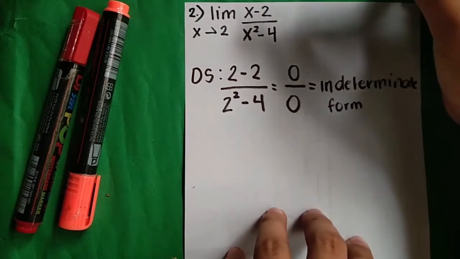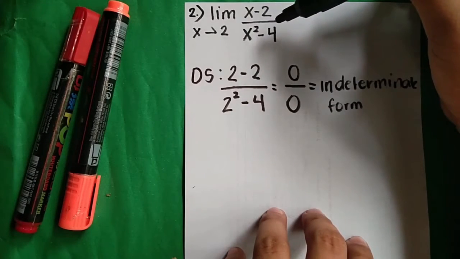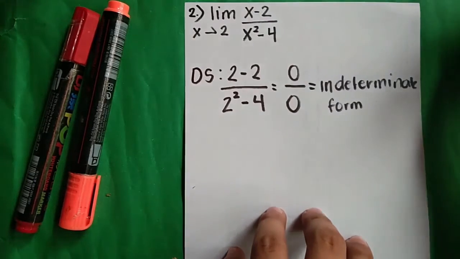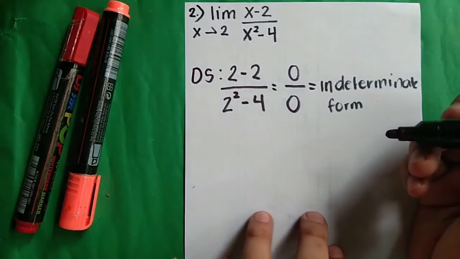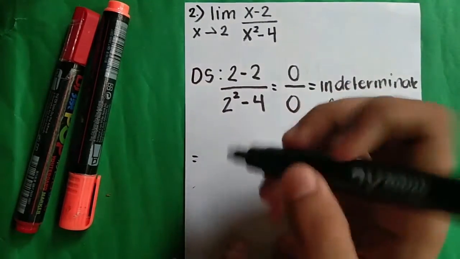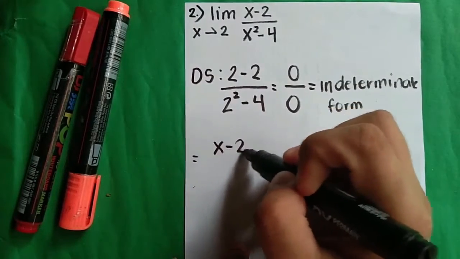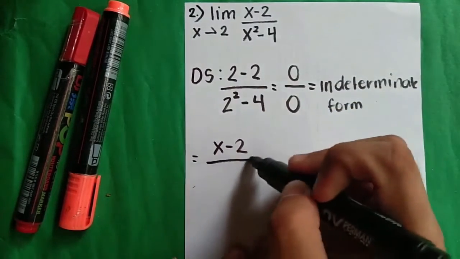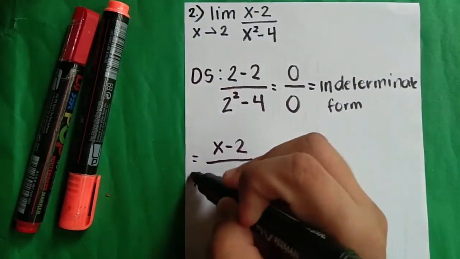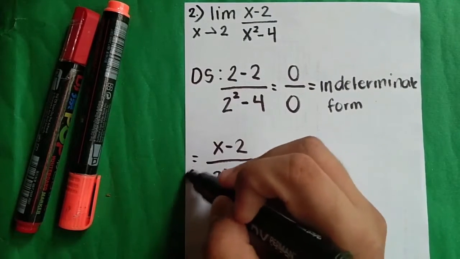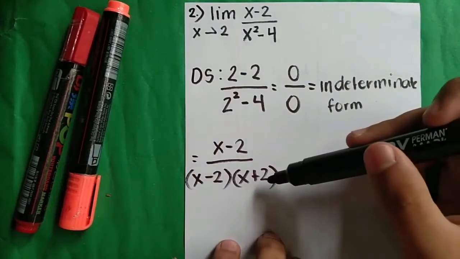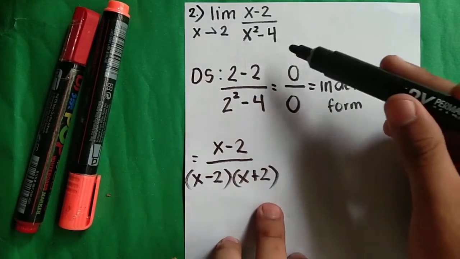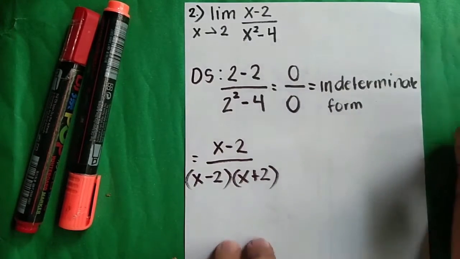But as you can see, in our function, we can factor the denominator, which is like this: x minus 2 over x minus 2 times x plus 2. This is the factor of x squared minus 4.